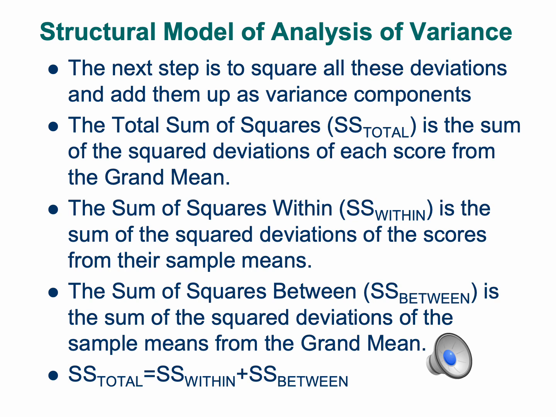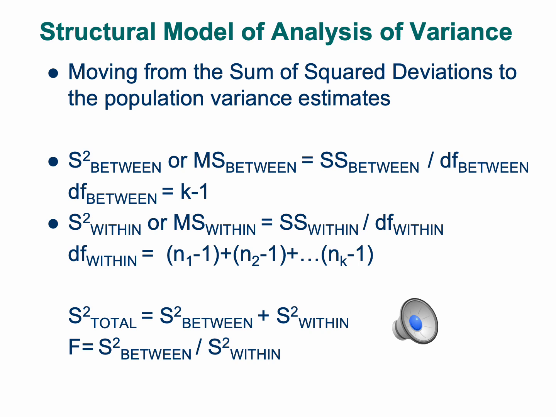Now we're going to move from sum of square deviations and that kind of language to estimations of variance in populations. Now remember, when you move from samples to generalizing into populations, you need to correct for a bias that occurs in that generalization, because you're going from a sample that's a smaller number than the population.